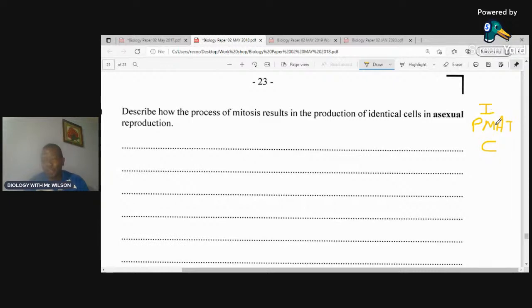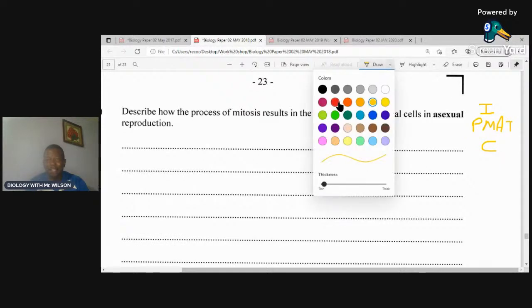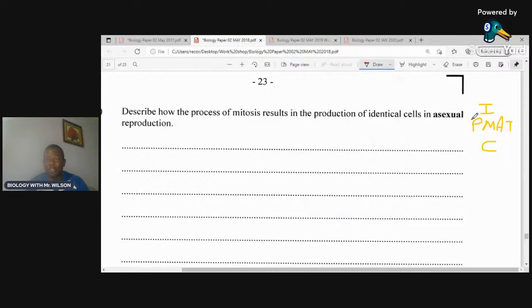Now, mitosis is actually just this part that I'm going to circle, the PMAT. This is the only part that represents mitosis. So that's mitosis. But before mitosis, we have interphase, and after mitosis, we have cytokinesis. Mitosis is actually prophase, metaphase, anaphase, and telophase.